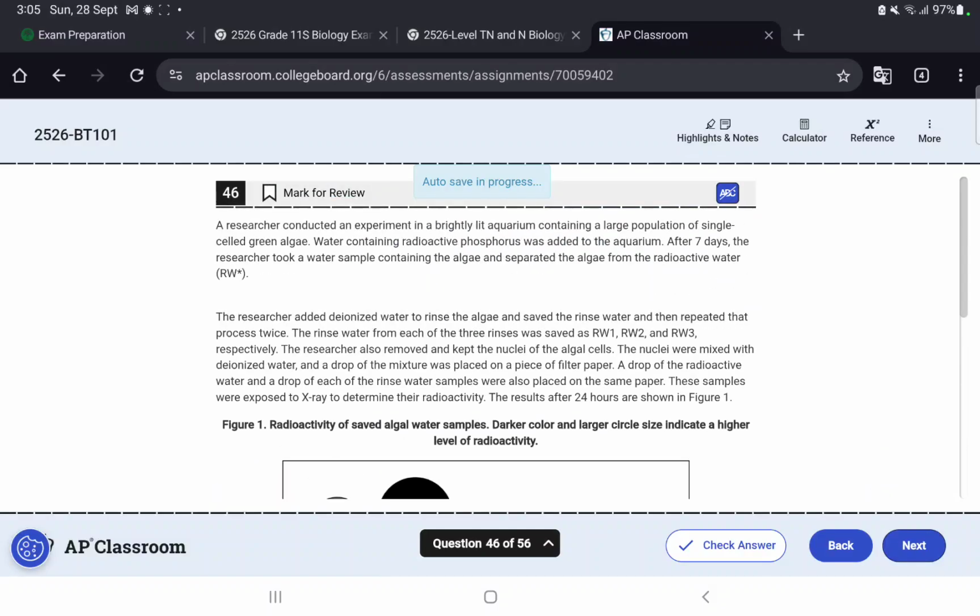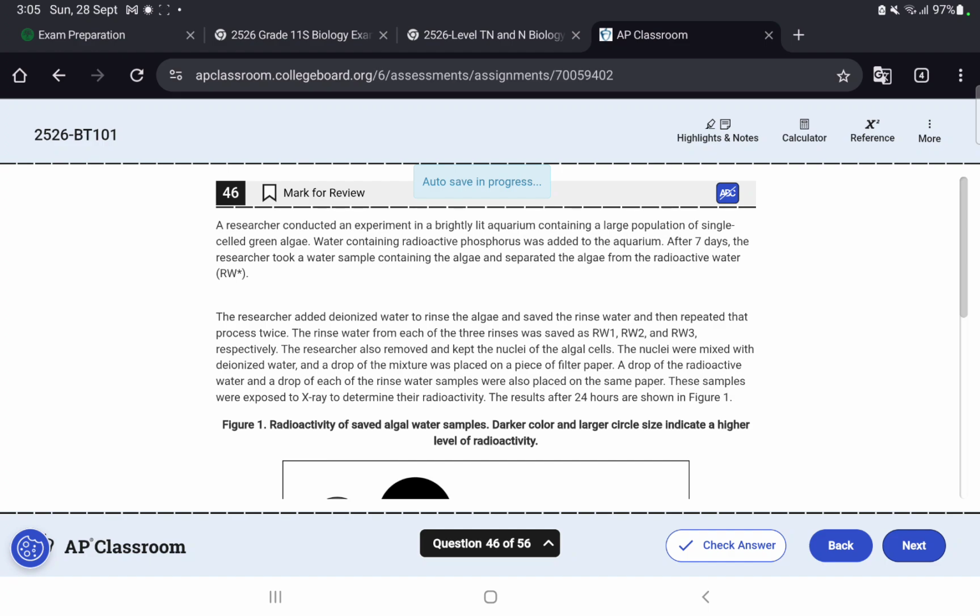A researcher conducted an experiment in a brightly lit aquarium containing a large population of single-celled green algae. Water containing radioactive phosphorus was added to the aquarium. After 7 days, the researcher took a water sample containing the algae and separated the algae from the radioactive water. The researcher added deionized water to rinse the algae and saved the rinsed water, then repeated the process twice.